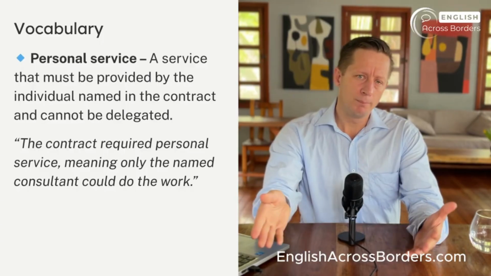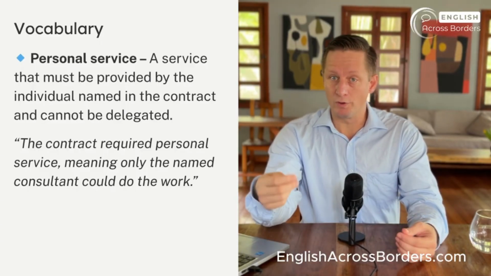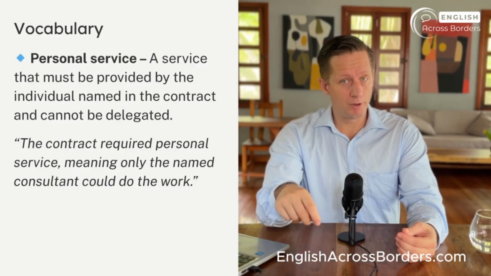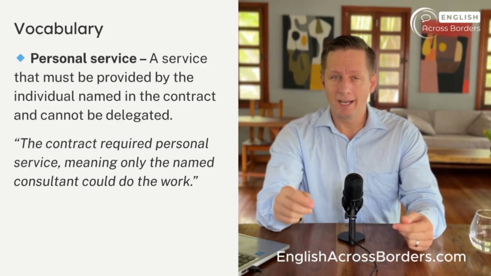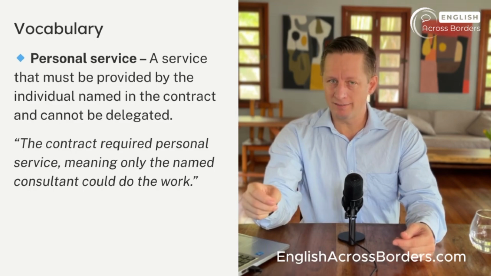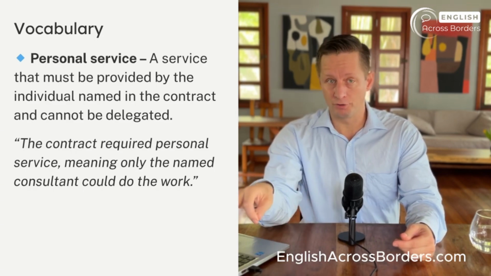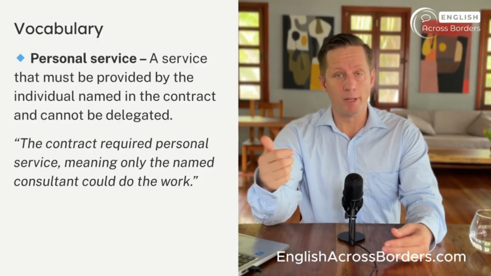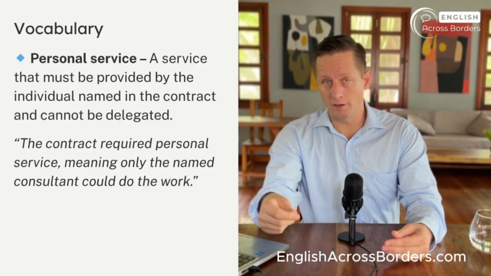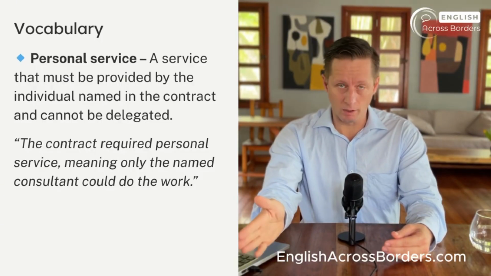So, if an employer signs an agreement with a contractor, but that person shows up every day, works under supervision, and can't send someone else to replace them, that's personal service. And that triggers legal obligations: minimum wage, social security, paid vacation, and more.